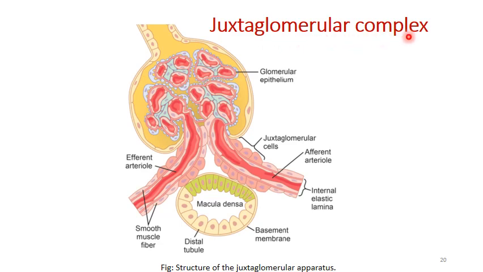is regulated by the juxtaglomerular complex. Now, what is the juxtaglomerular complex? The juxtaglomerular apparatus consists of macula densa cells, which are located in the initial portion of the distal tubule, and juxtaglomerular cells, which are located in the afferent and efferent arterioles.